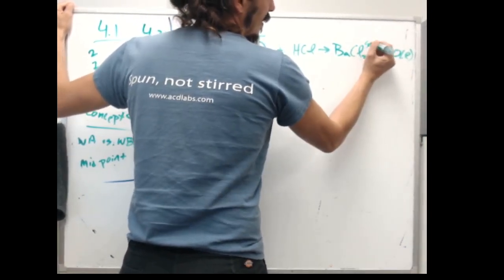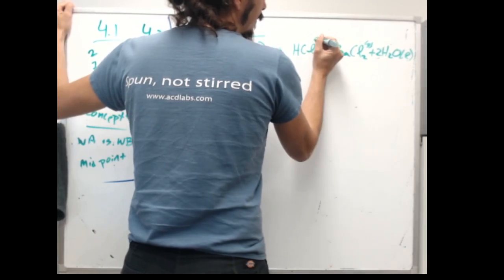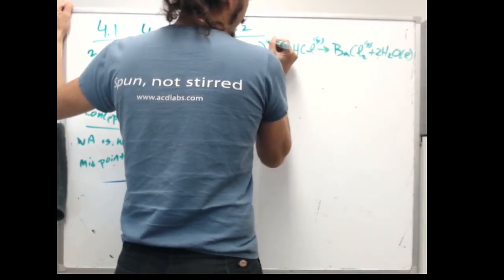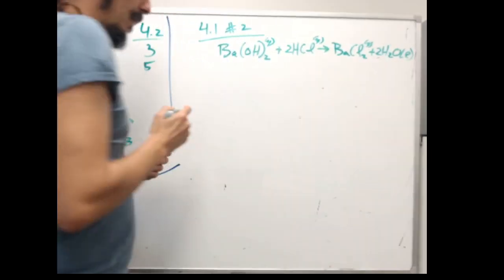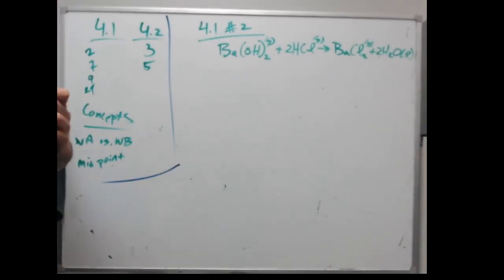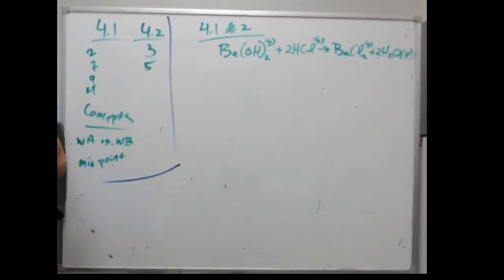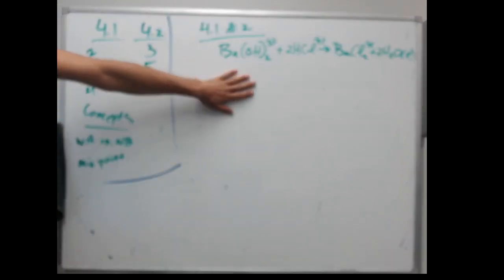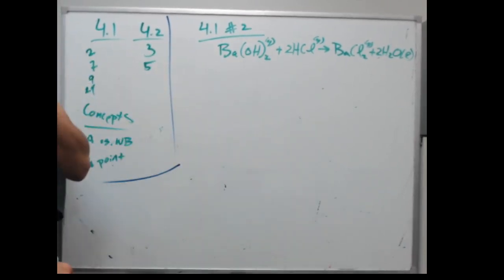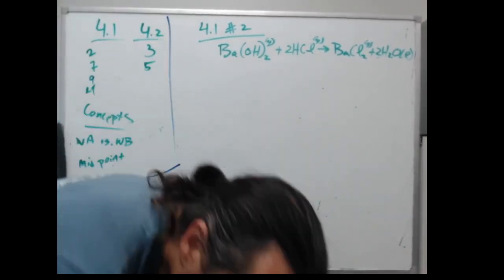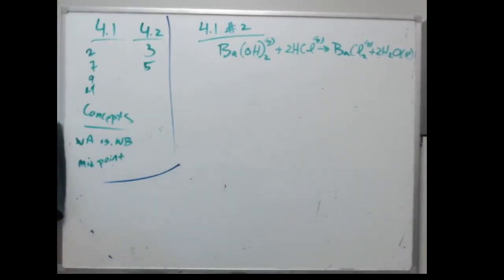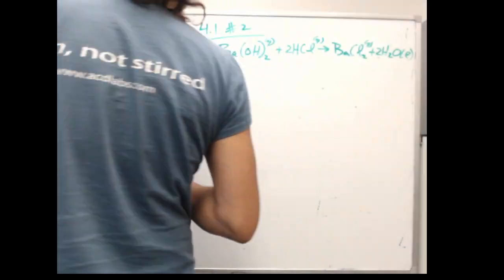I didn't put my states in there, but we end up with a 2-to-1 ratio on this, 2 HCl's for every barium hydroxide. And now we just kind of go through the stoichiometry. Since we have a strong base and a strong acid, we don't have any equilibrium to worry about, which is part of what makes this a Chem 127 question for me.